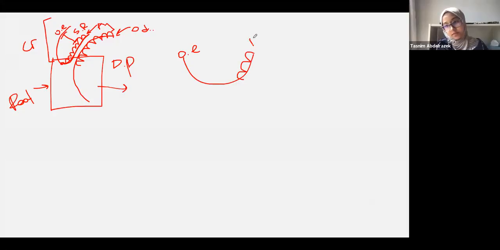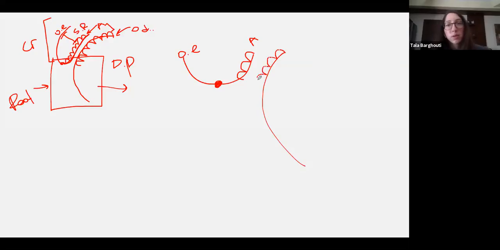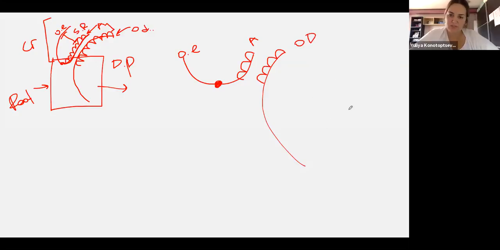Ameloblasts. What is this? Cervical loop. Which cells are here? Neural crest cells that will become odontoblasts. So D. What is this tissue called?